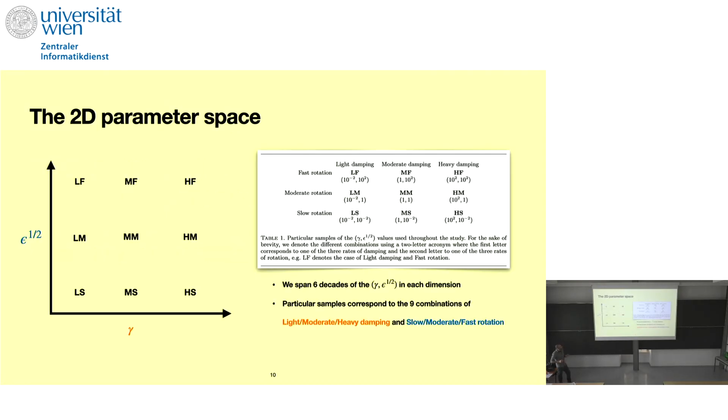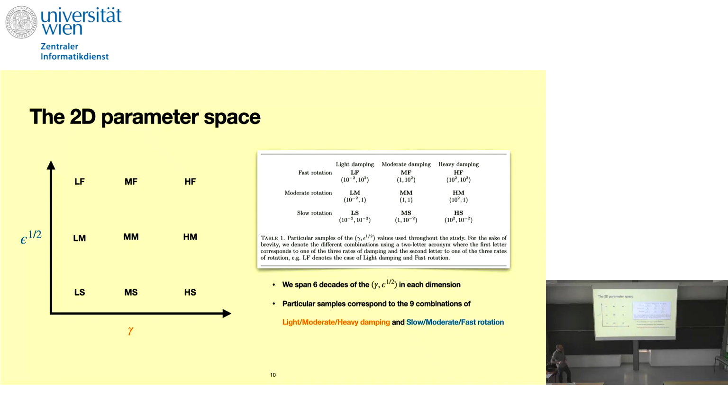And this is essentially the summary of our work. We have a 2-dimensional parameter space, and we are going to examine the Matsuno-Gill model solutions in this 2-dimensional parameter space. So the Lamb number is going to be on the ordinate and the damping on the abscissa. And we have 6 decades in each direction, from 10 to the minus 3 to 10 to the 3.